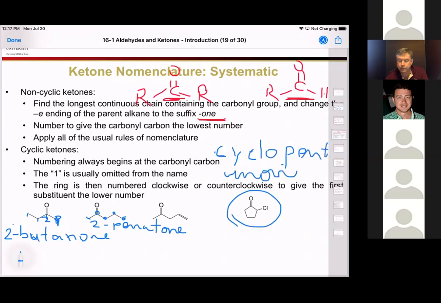And because the carbonyl is always on the 1 position in rings, we number from the lowest based on that. So in this case, it'd be 2-chlorocyclopentanone. Boy, I'm going to switch styluses. This is not right. Okay. So, and again, all the other rules of nomenclature apply.